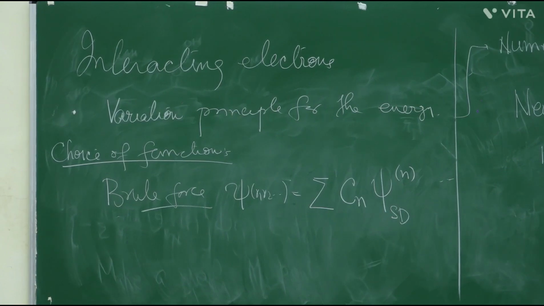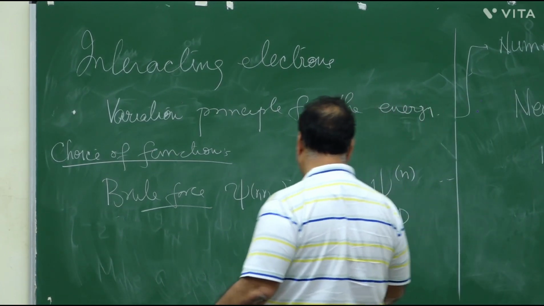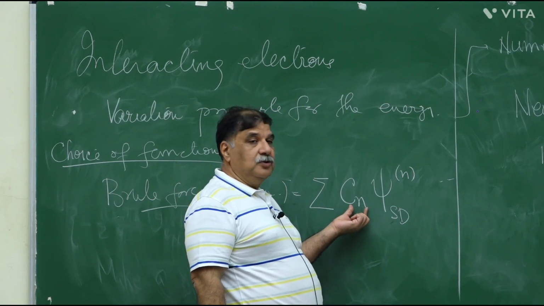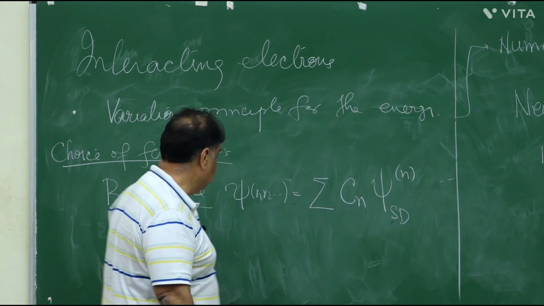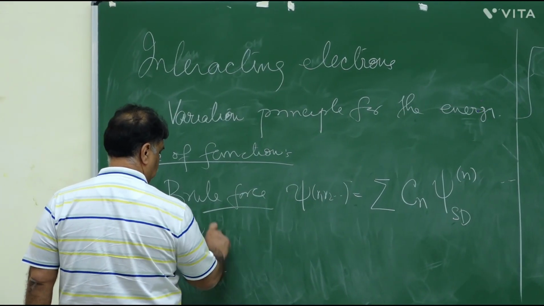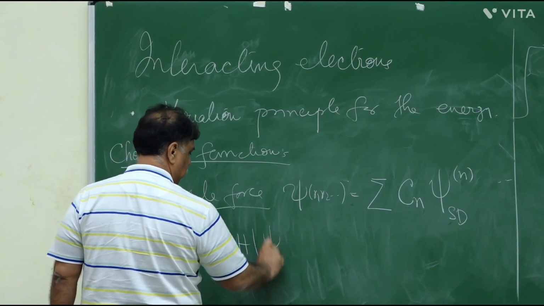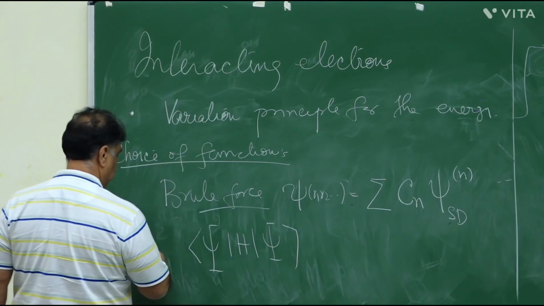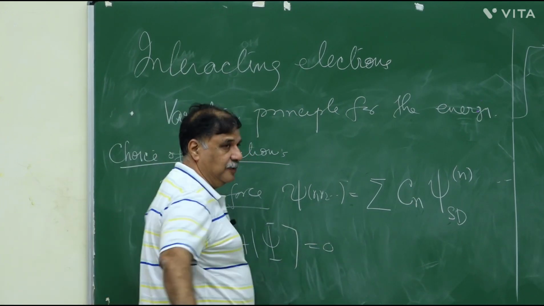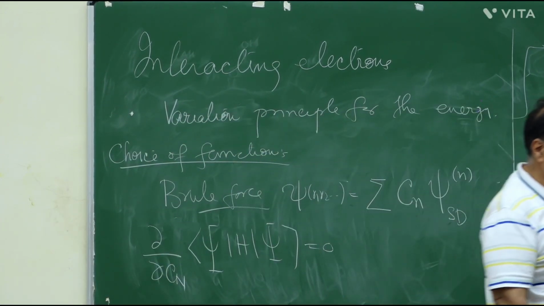I can go up to 10, 20, 30, whatever I like, whatever my capacity is. But this is a brute force method, and I determine this through the variational principle. Just for the heck of it, let me write: I take the expectation value with respect to psi and do d by d Cn equals 0. That's enough, right? That's one way of doing it.